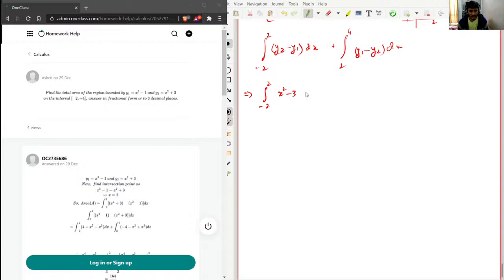This will be minus x cube plus 1, and obviously it will be dx, plus the integral from 2 to 4, and this will be y1 minus y2, right?